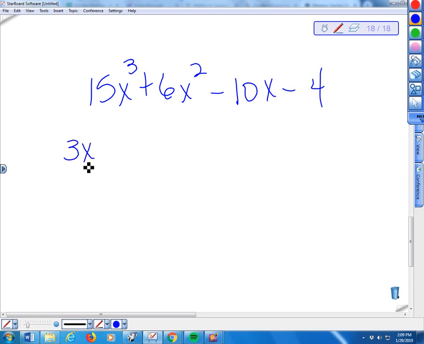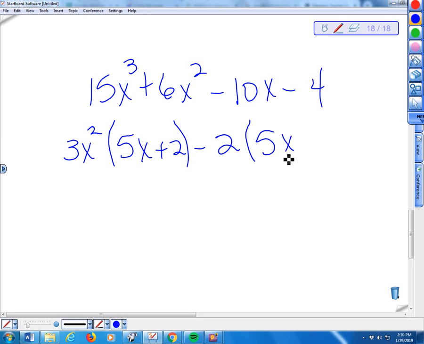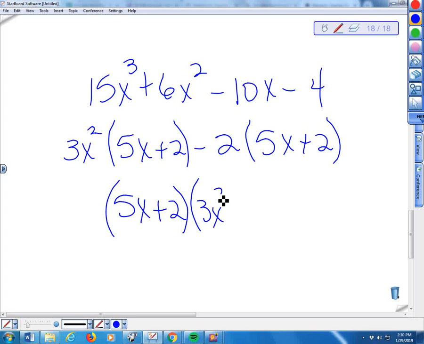Factoring out 3x squared leaves me 5x plus 2. And if I factor a 2 out of the last two, negative 2. And now I'm going to just pull the 5x plus 2 out of both terms. What I have left is 3x squared minus 2. And I can't factor anymore.